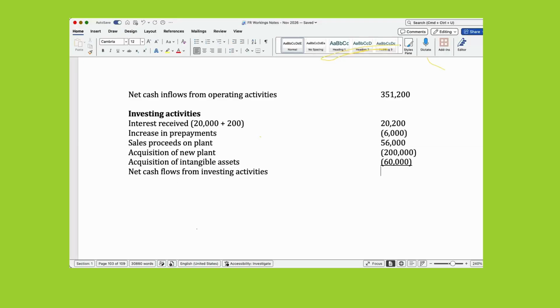Minus 189,800. Is it outflow or inflow? Outflow. Okay. So I move to financing activities.